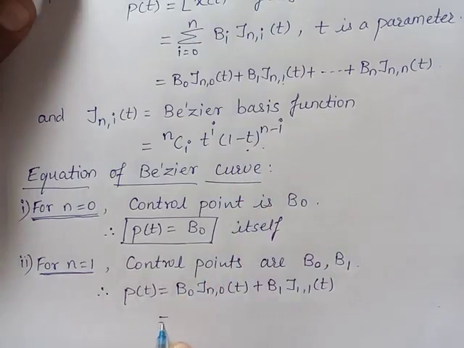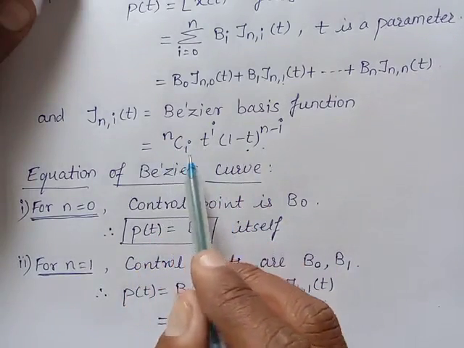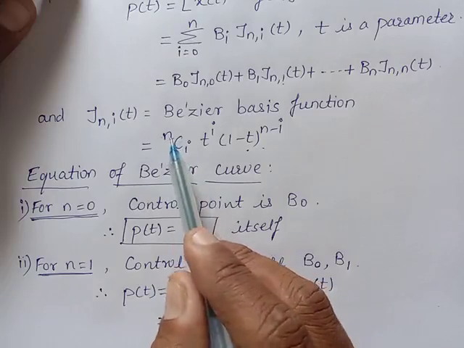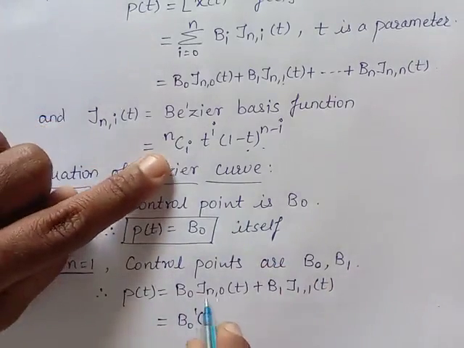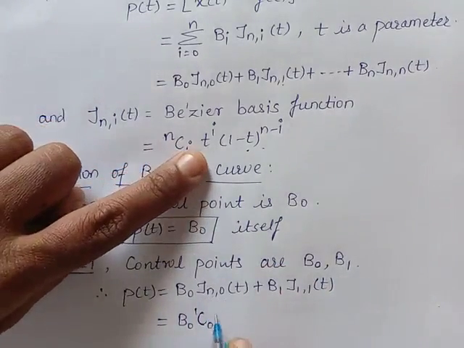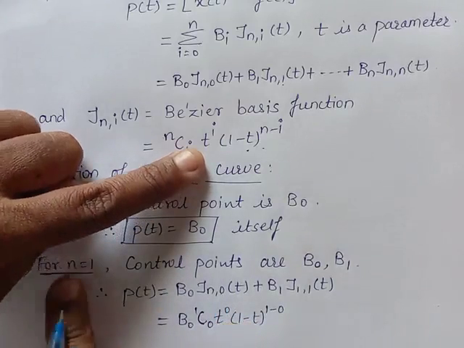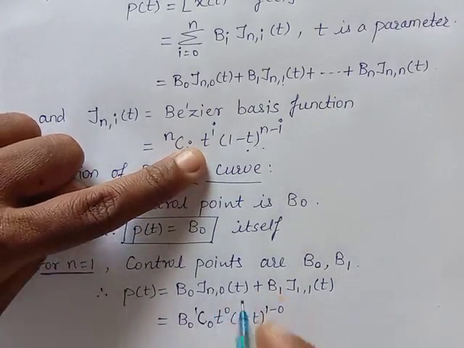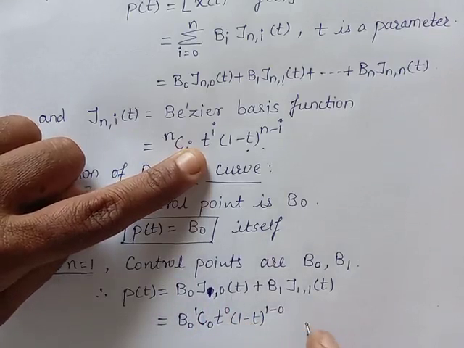So it will be B0, here if we put i equal to 0, n will be 1, 1C0, J1,0 of t I am finding, t raised to 0, (1 minus t) raised to 1 minus 0, right?